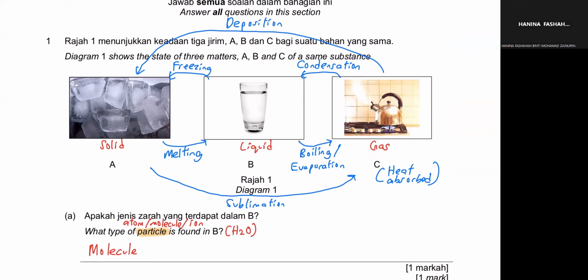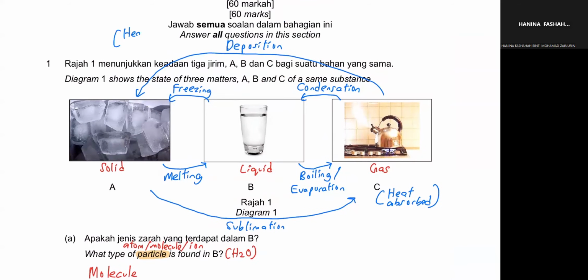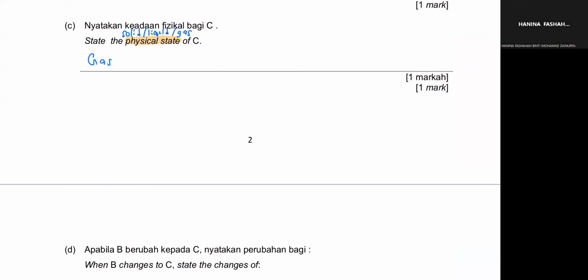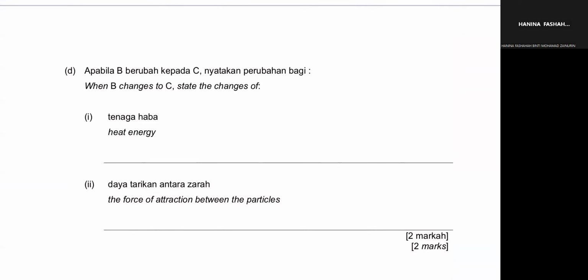This is called heat absorbed. If it goes from gas to liquid, gas to solid, or liquid to solid, heat is released, so that there is no heat inside, and it becomes cooler, like ice. So the heat energy change here from D to C is heat absorbed.